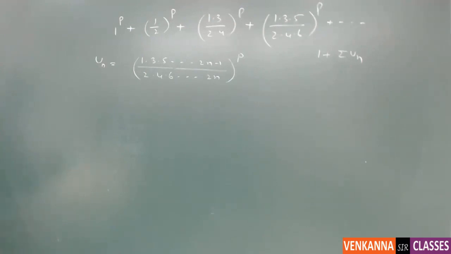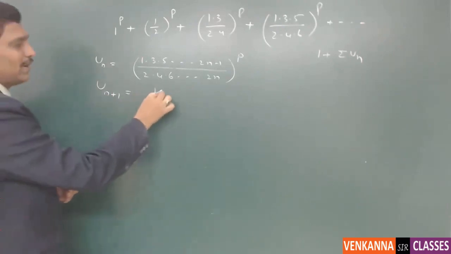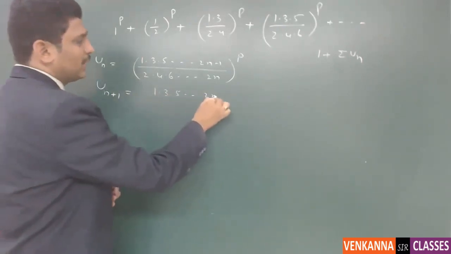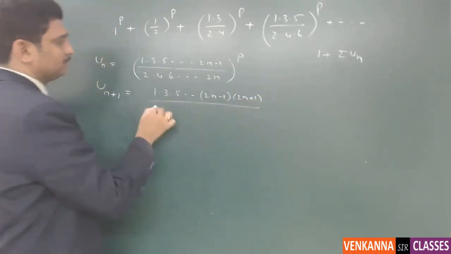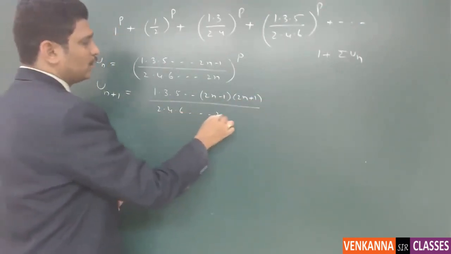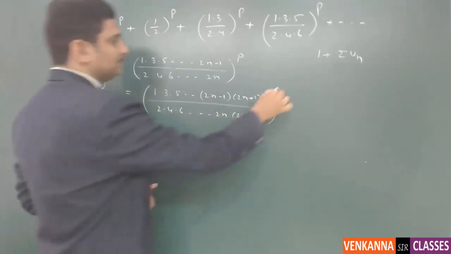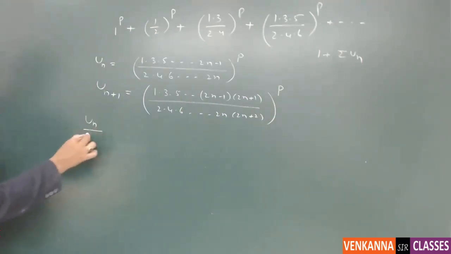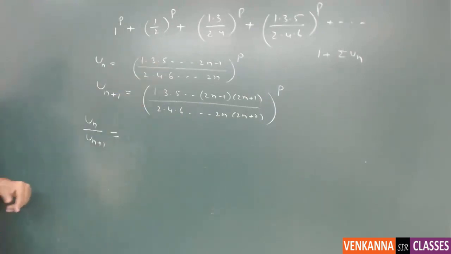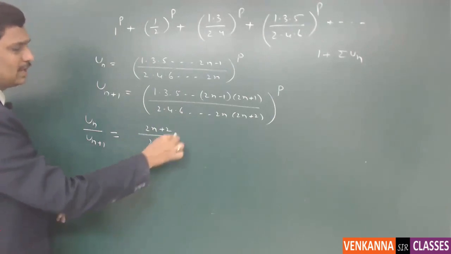So take un plus 1. So (1 into 3 into 5 so on 2n minus 1 into 2n plus 1) by (2, 4, 6 so on 2n plus 2) whole power p. So if you consider the fraction, removing the common term there, it will be (2n plus 2 by 2n plus 1) whole power p.